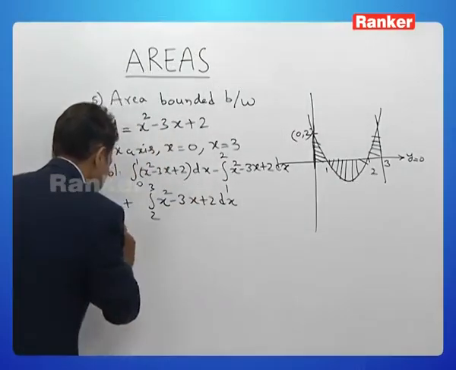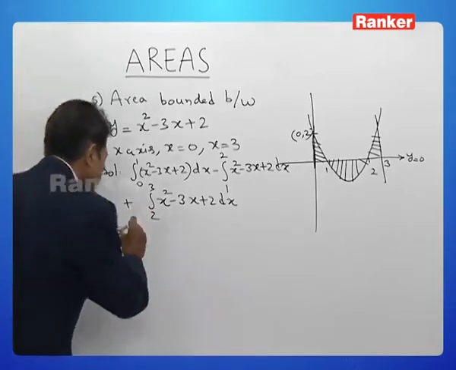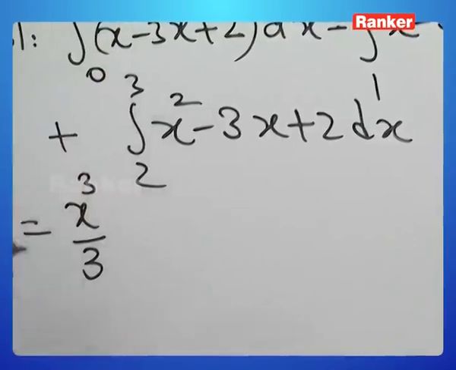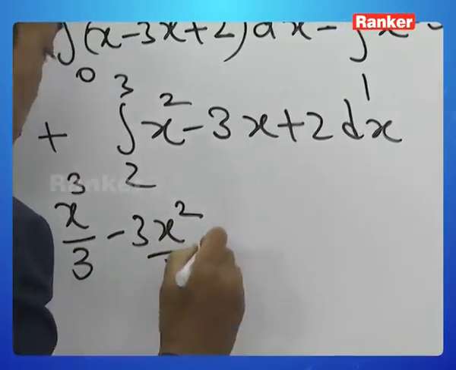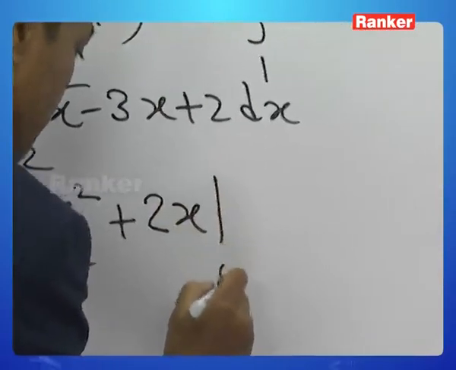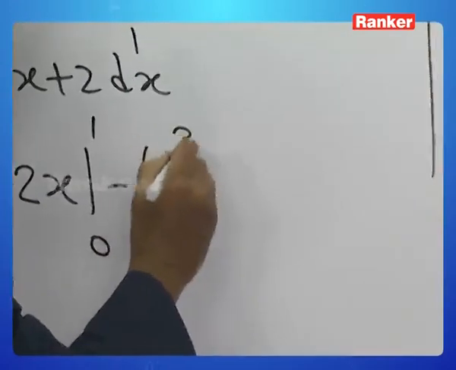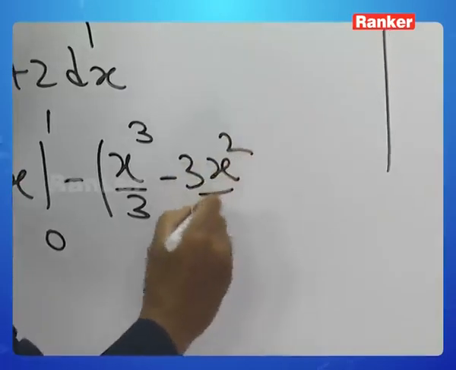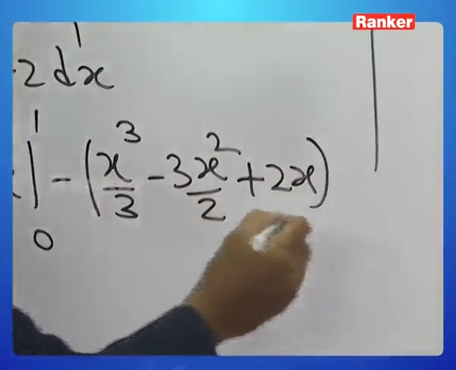Right? Now, x square integration x cube by 3. X square, x integration x square by 2. 2 integration 2x. Let us apply 0 and 1 minus same integration x cube by 3, x square by 2 into 3, 2x, but limits are different.